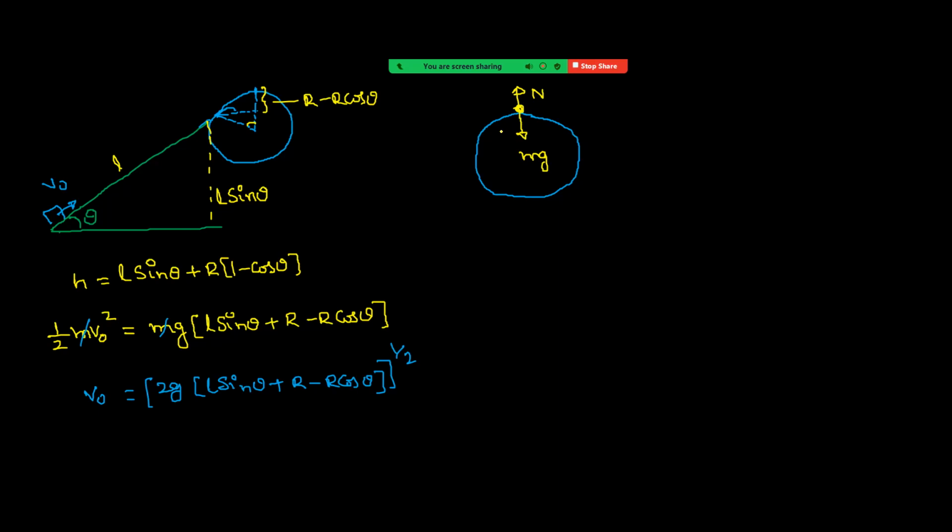So we take the net force: mg minus N, which is nothing but the centripetal force. That is equal to mass into centripetal acceleration. Here I am focusing on the speed on reaching the topmost point. Then we can write mv square by r.